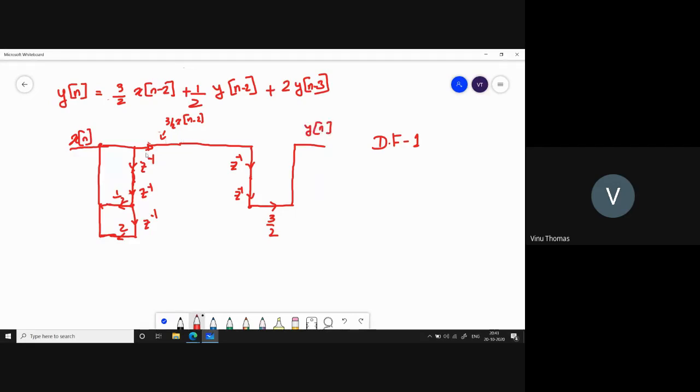And now you need to combine these two delay chains, which you can do by bringing them close to each other.